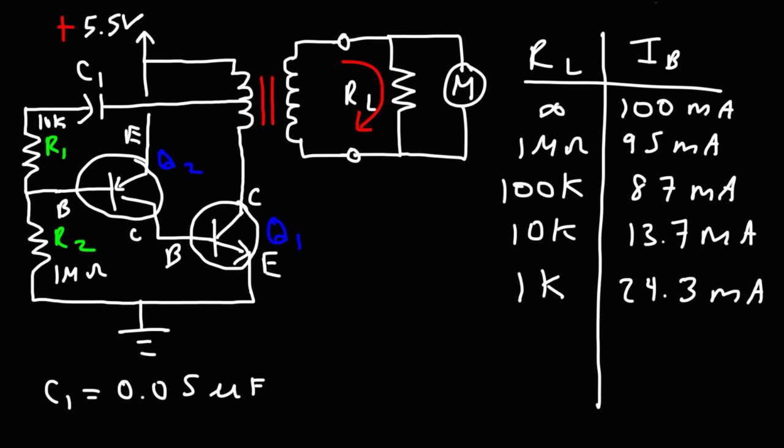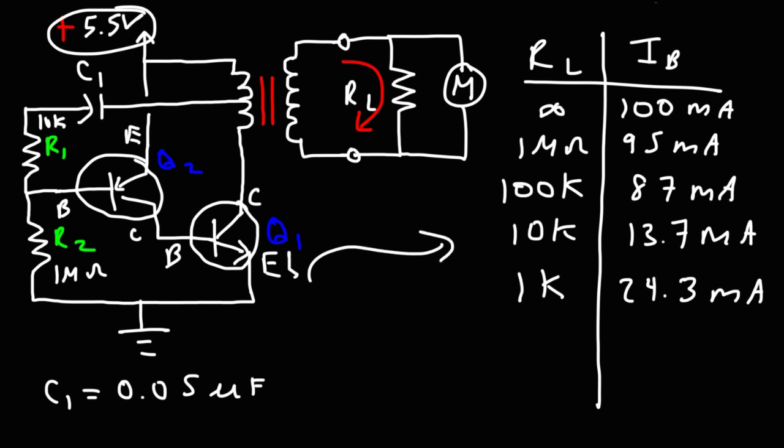So the load resistance affects how much current is being drawn from the battery. Now the battery's voltage is 5.5. I've actually used 4 D-cell batteries, which should have a rating of 6 volts, but because they're used D-cell batteries, the measured voltage was 5.5. So the data is based on that voltage.